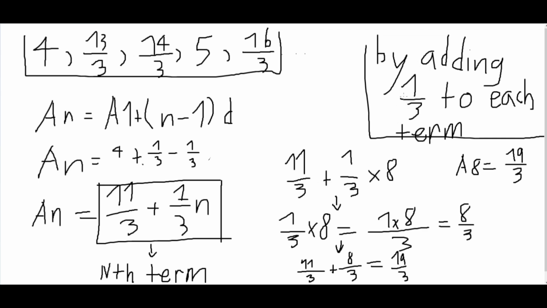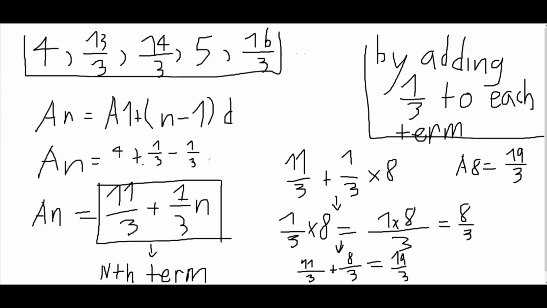We get the nth term. So a sub n equals a sub 1 plus the quantity of n minus 1 times the common difference. So a sub n equals 4 plus 1 over 3 times n minus 1 over 3.